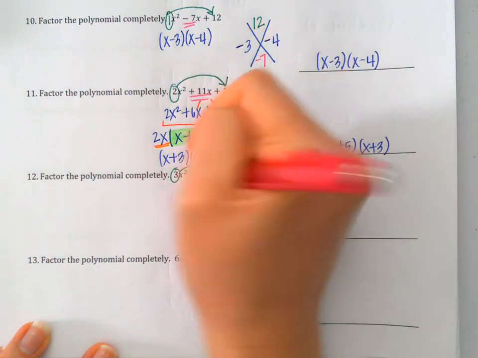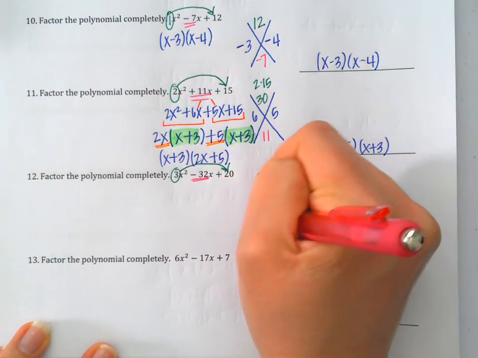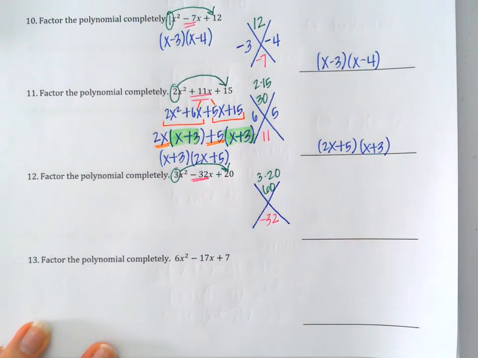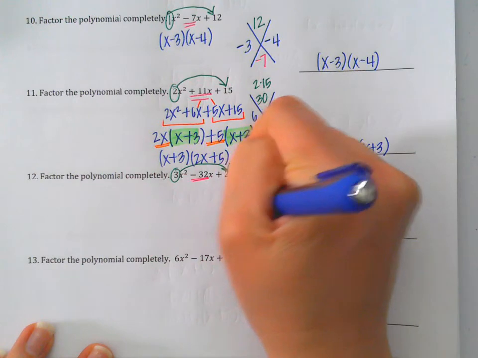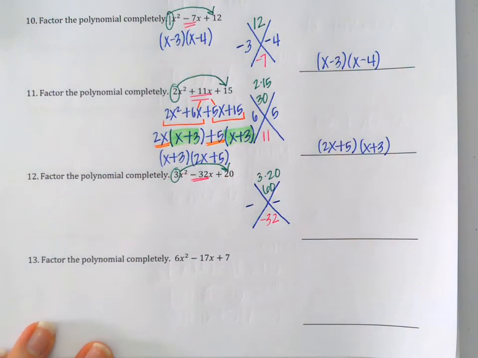And B goes in the bottom, so negative 32. What two numbers multiply together to get a positive, but add to get a negative? That's going to be a negative and a negative. So what numbers multiply together to get 60 and add to get negative 32?